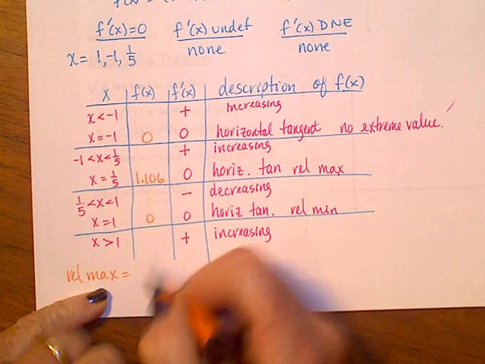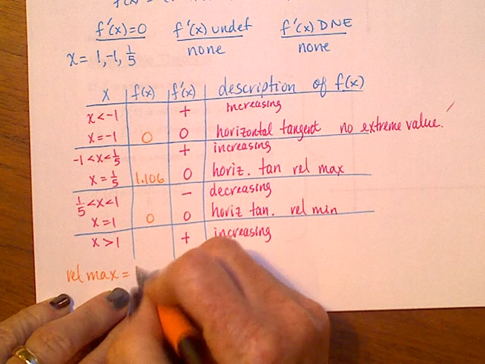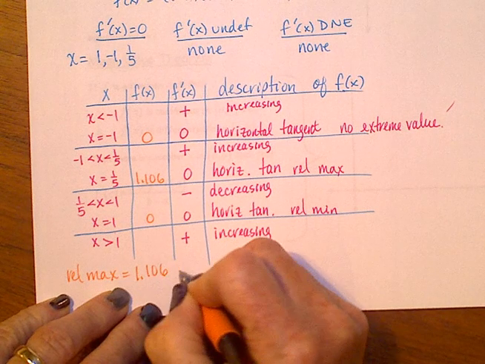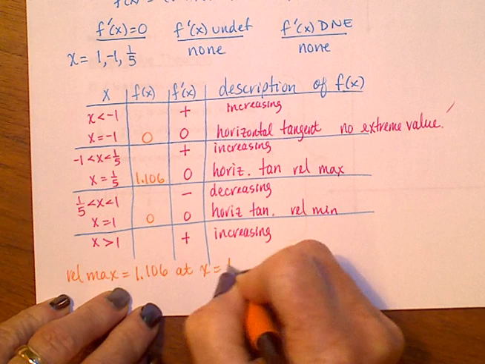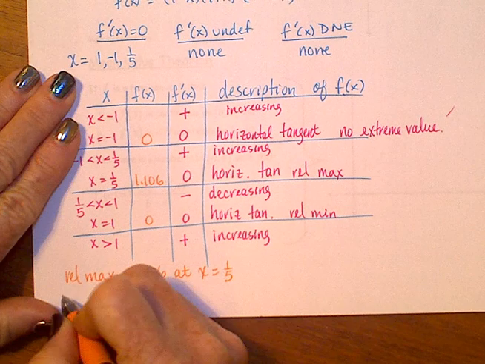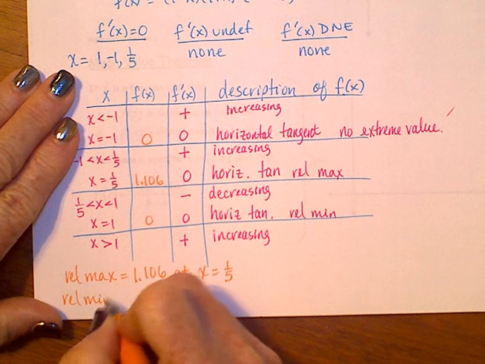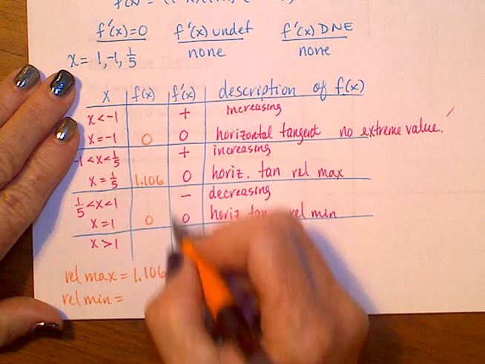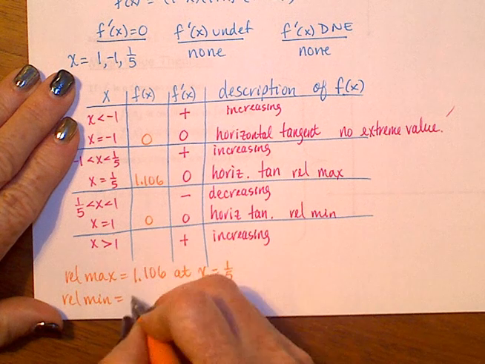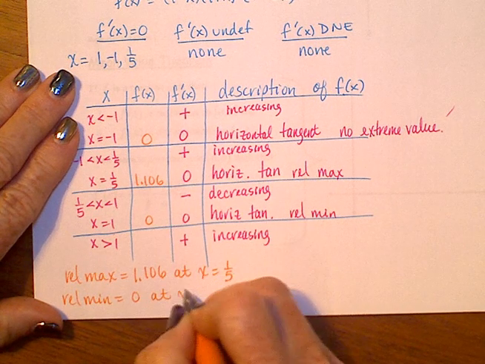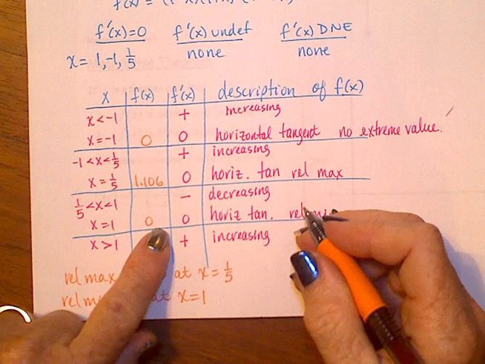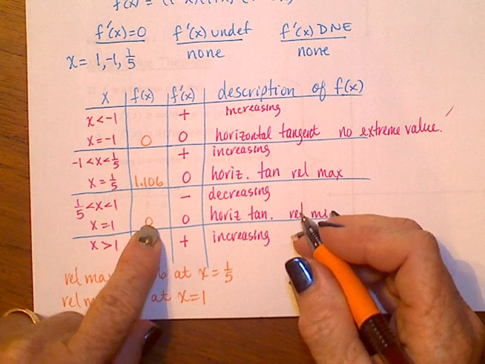We still see a relative maximum of 1.106 at x equals 1/5, and a relative minimum equal to 0 at x equals 1.